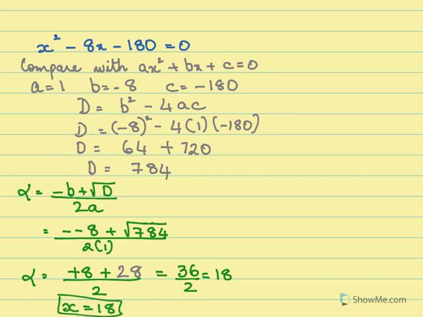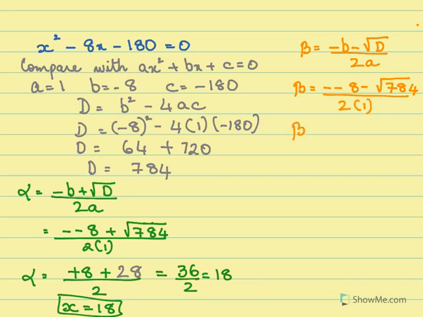Now let me find my beta. For beta, minus b minus root d over 2a. B is minus 8, so minus of minus 8, root d is 784, over 2a, and 2a is 2.